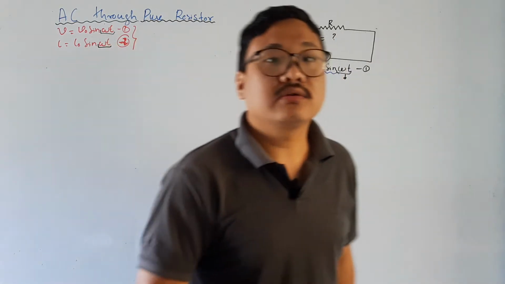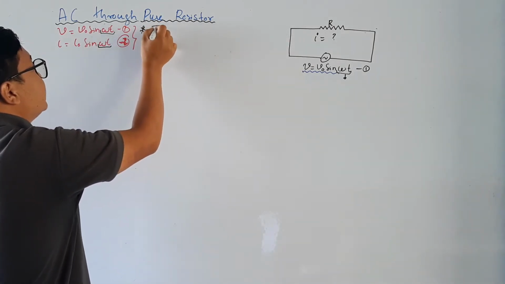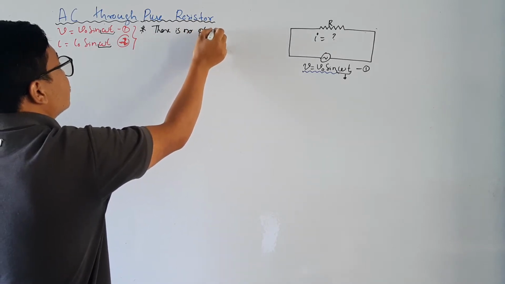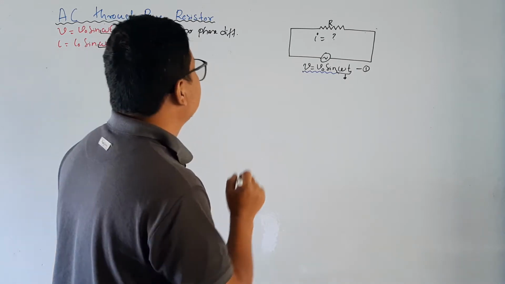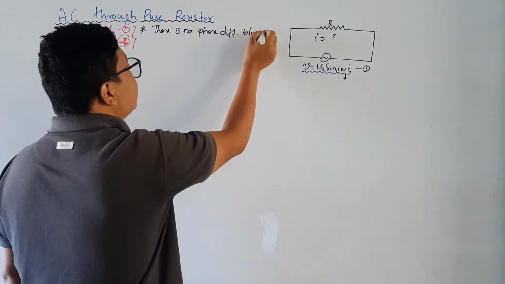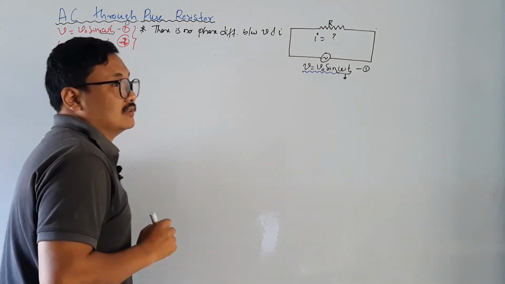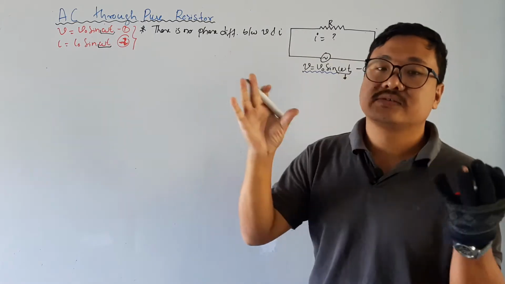So the number one quantity that we should understand here, which is very important, is that there is no phase difference between voltage and current. Whenever you write it in the copy, please write V and I in full length.